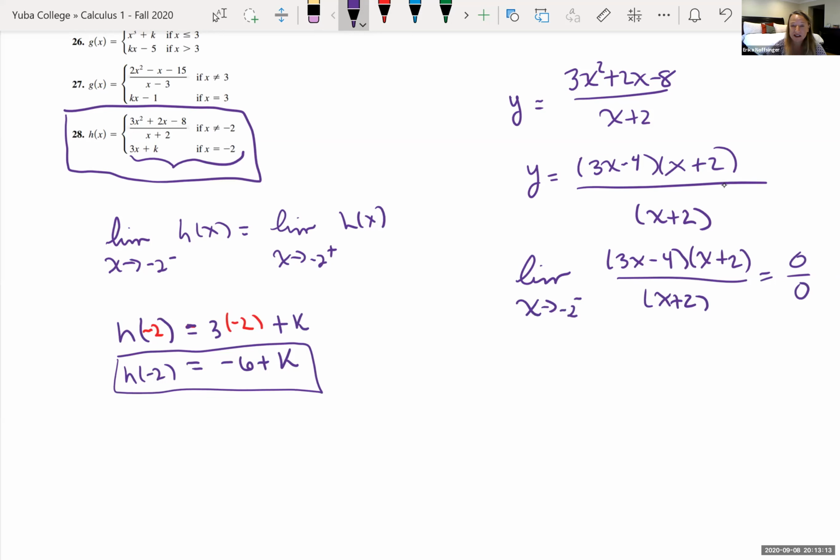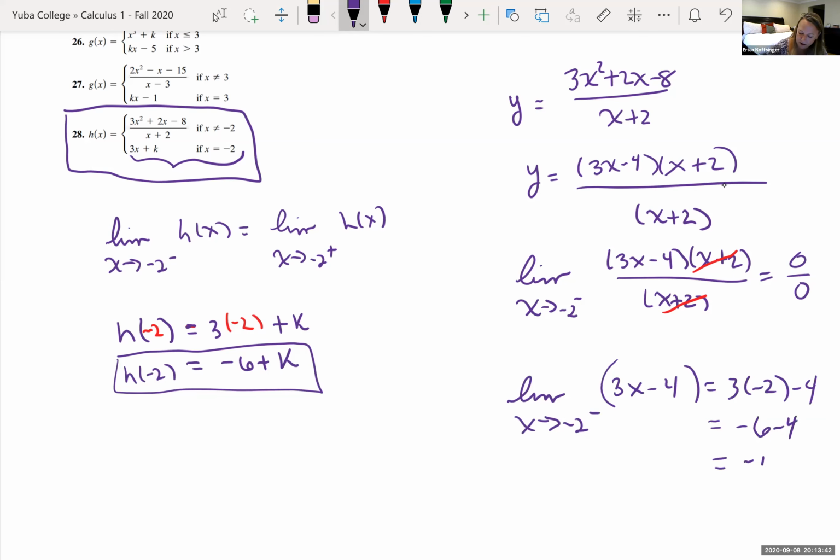That told us that we had to go back and manipulate it. I already manipulated it and factored it. So now if we plug in this -2 wherever we see an x, we get 3 times -2 minus 4. So we get -6 minus 4, or -10.